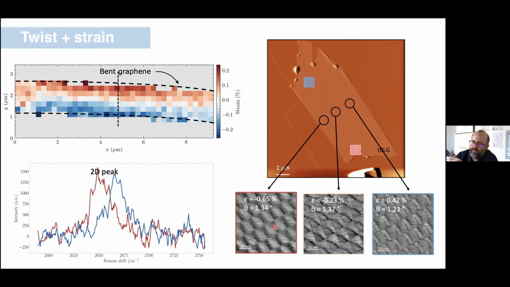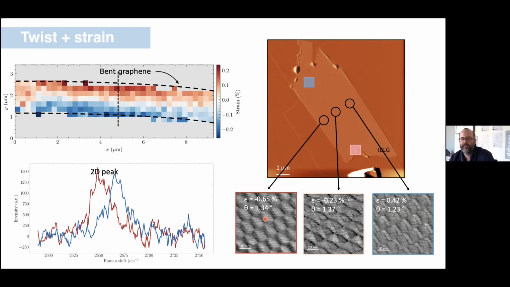And as we go to the extensive strain side or the compressive strain side, that triangle gets distorted. What we've done in this analysis is to impose on this image a local kernel of a triangular pattern that we expect the Moiré to have, and measure how different the shape is from that expectation, and from that difference we can back out what the strain is.